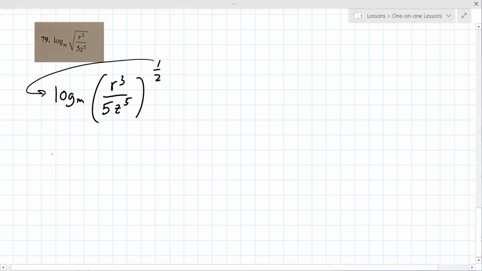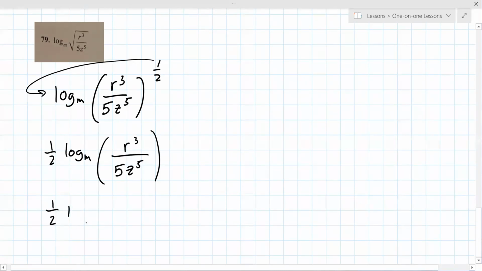So it's 1/2 log base m of r cubed over 5z to the 5th. Then that 1/2 goes with every term. So it's 1/2 log base m r cubed minus 1/2 log base m 5z to the 5th.